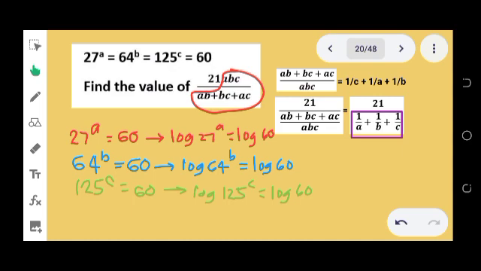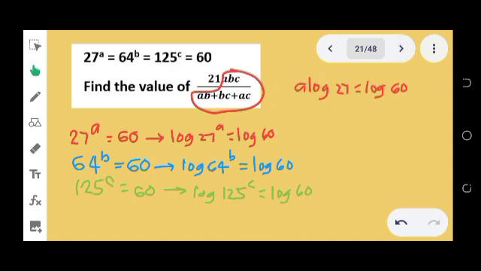Now, using the logarithm of a power, we can rewrite log 27 to the power of A equals log 60 into A log 27. The same thing will happen with the second one. So we have B log 64 is equal to log 60, and this one here becomes C log 125 equals log 60.